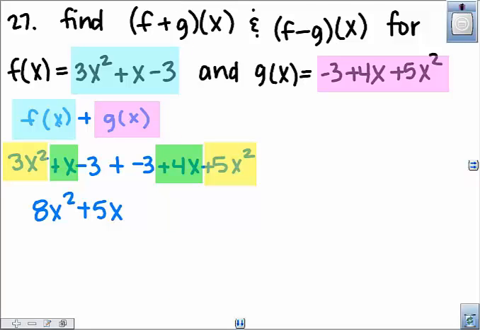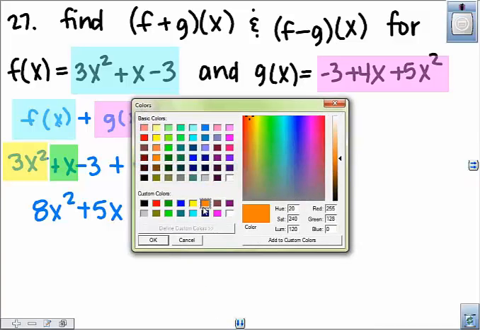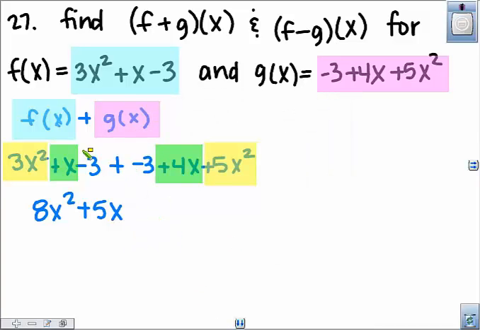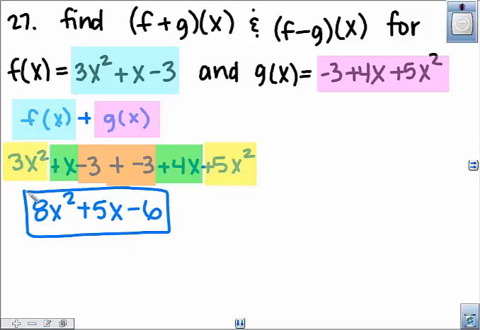And last but not least, different color, we have 3 plus -3. Plus a negative is just like minus, so we have two -3's, which is -6. Okay, so that is the sum. So that's the first thing they asked for. It's right here.